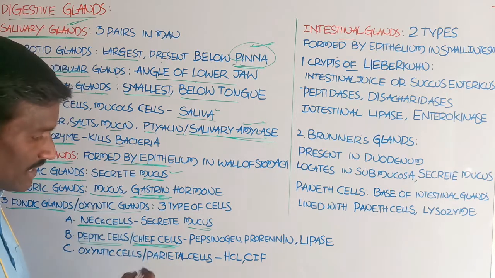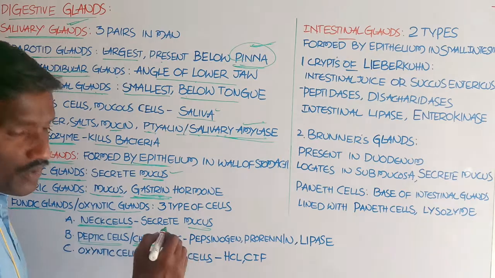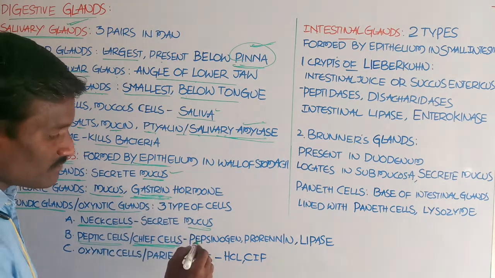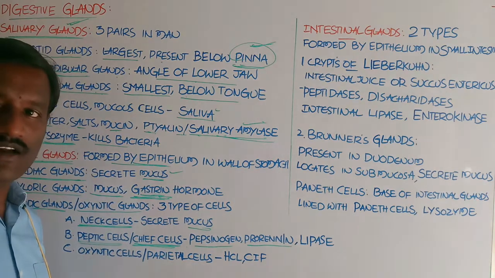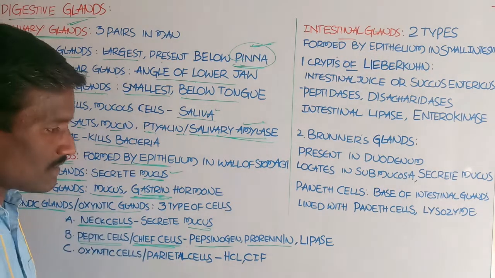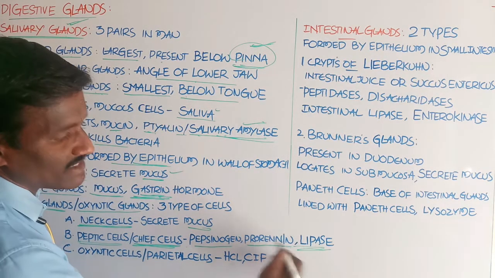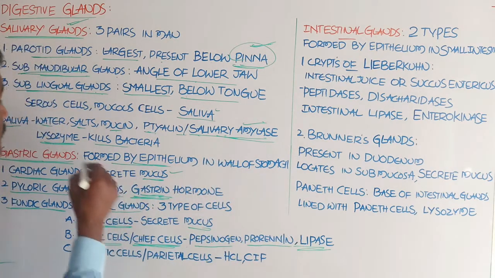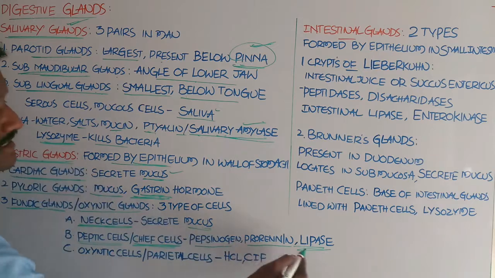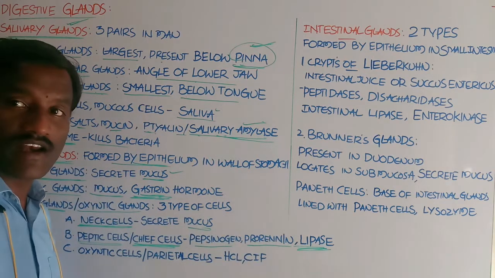Peptic cells, chief cells secrete proenzymes. Proenzymes are pepsinogen and prorenin. And the lipase enzyme secreted by gastric glands is hence called gastric lipase.